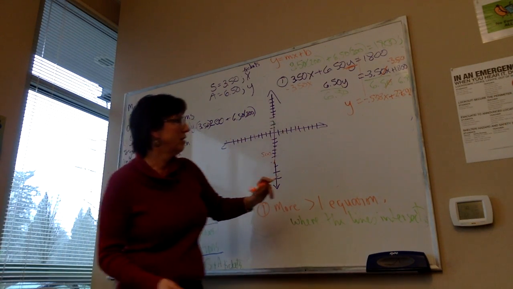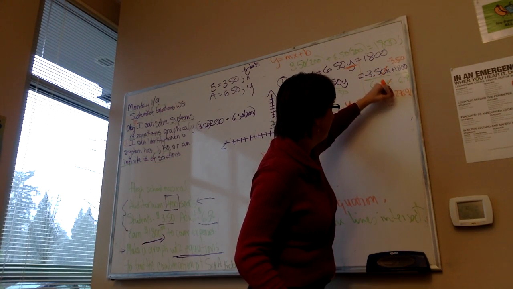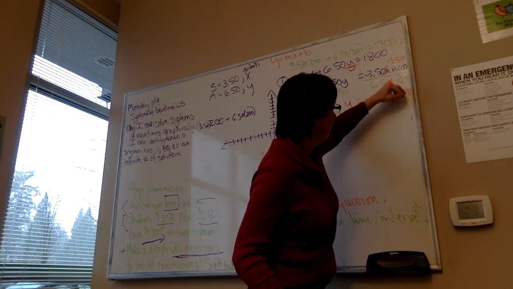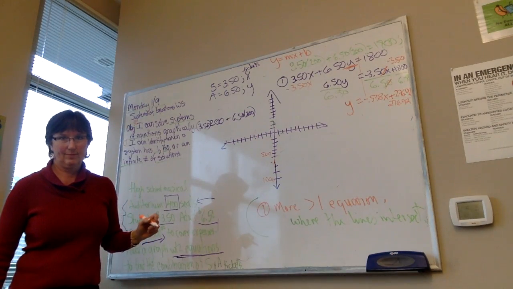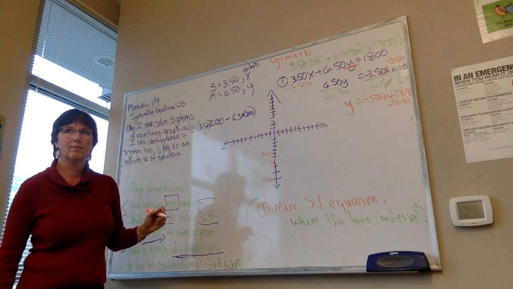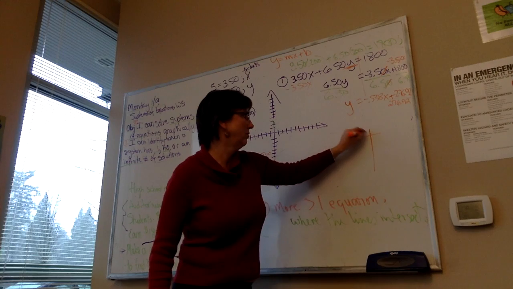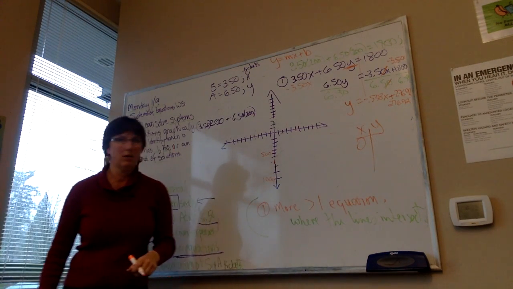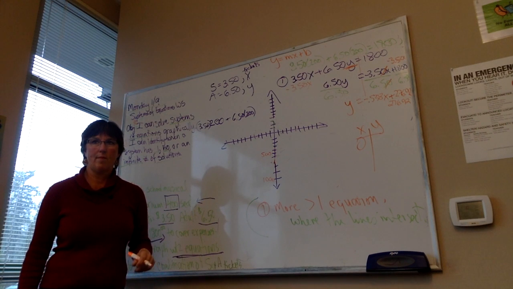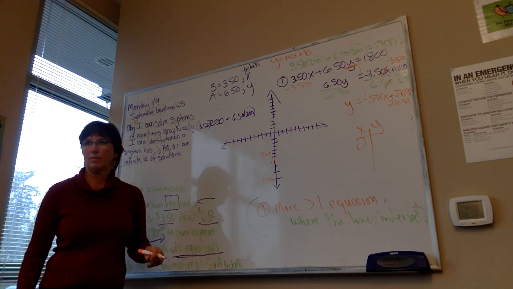If you can't read the number, that's totally understandable. So think of the t-charts. When x is 0, what is y? 276.92.